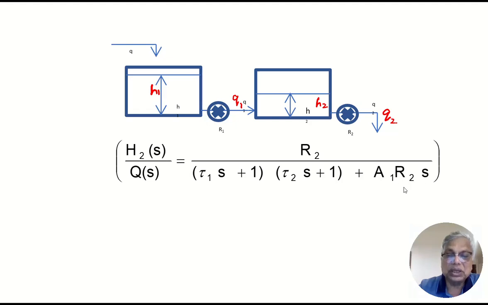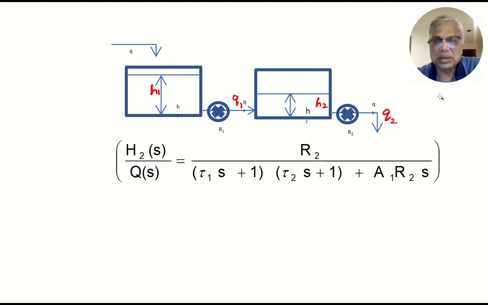The general formula I told you was C1 R2 s, but C1 is the capacitance, and the capacitance of the first tank is A1, the area of the first tank.